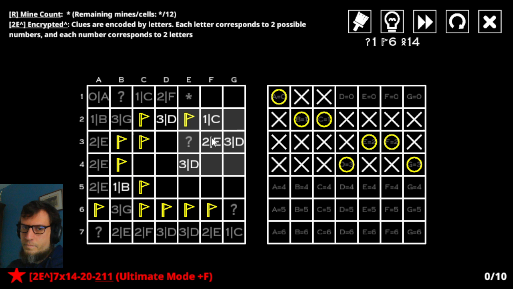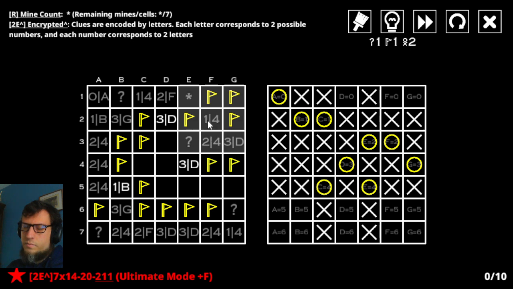Furthermore, this E can't literally be a 2, because that would force this D to have 1 around it, which it's not allowed to have. And therefore, the E must be bigger than that. But the only thing bigger than 2 it has enough space for is 4. So that is the case. These are all mines. This D is now happy. That C requires 4 now. Okay.